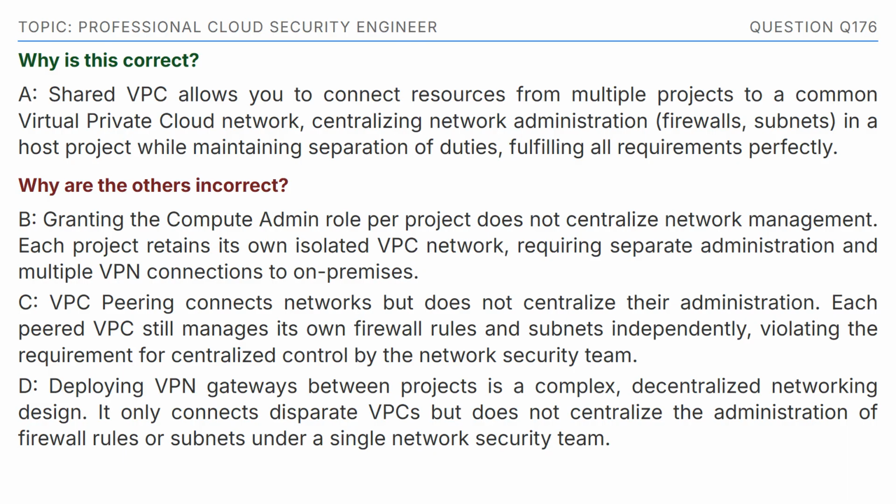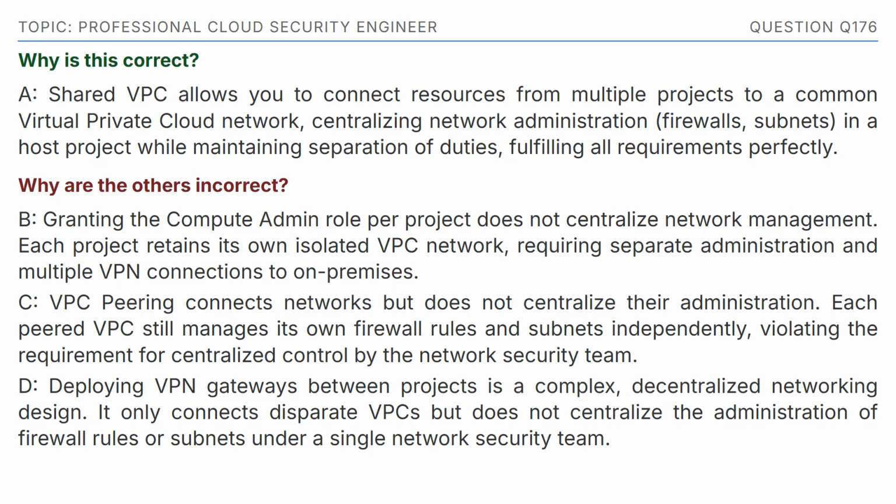Why are the others incorrect? B. Granting the compute admin role per project does not centralize network management. Each project retains its own isolated VPC network, requiring separate administration and multiple VPN connections to on-premises. C. VPC peering connects networks but does not centralize their administration.